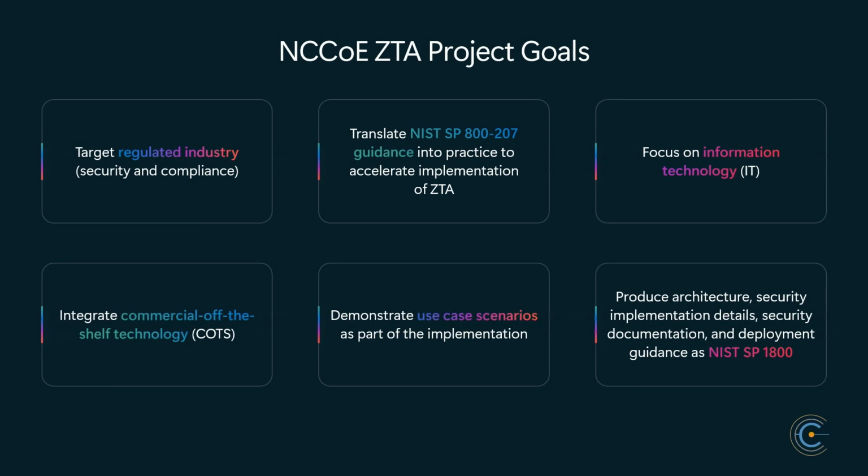And the final product is documenting all the lessons learned, documenting the implementation that we have, in the NIST Special Publication 1800, which is a practice guide. It's different from the foundational document, the 800 series that I talked about earlier, which is product agnostic. With this, we actually have product version numbers and guidance on how you configure this, how you make them work together, and so on and so forth.